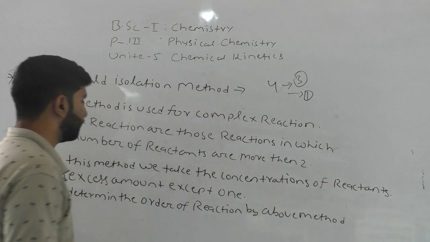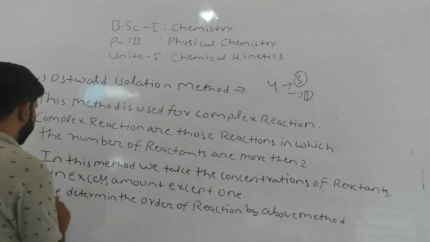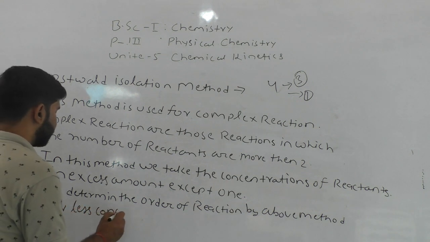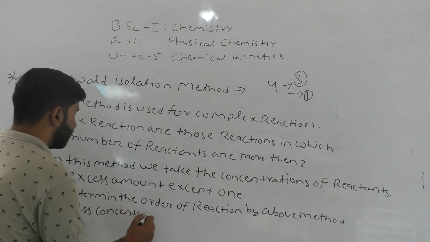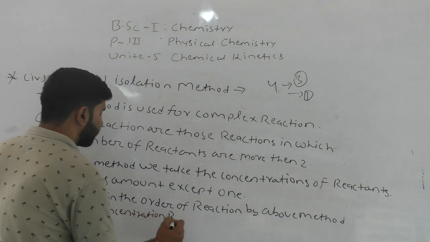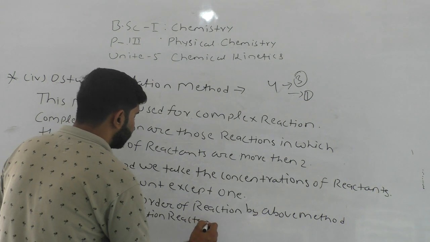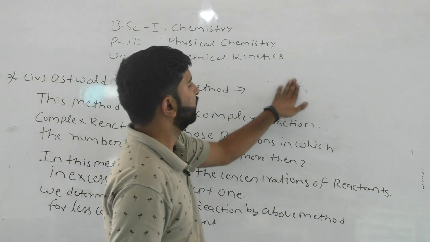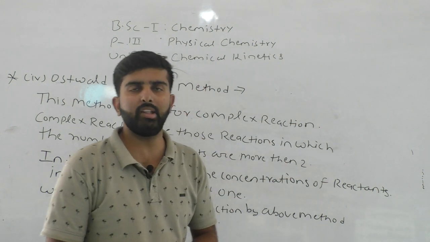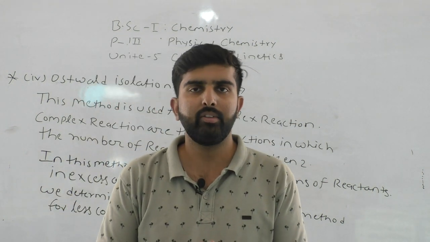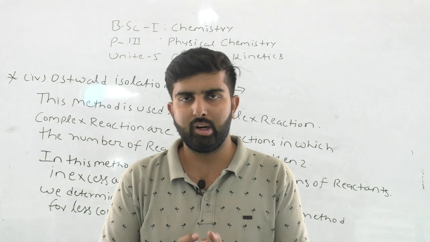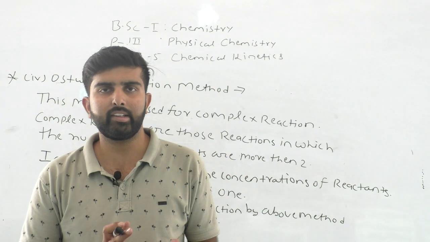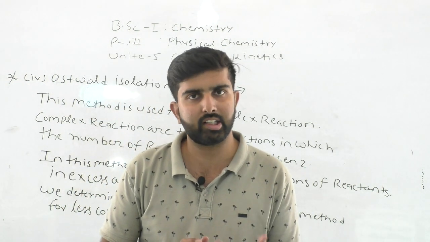We determine the order of reaction by the above methods for the reactant of lesser concentration. Means first we determine the order of the reaction for the reactant which we take in a finite amount. Then again we take the reactants in a higher concentration except one.